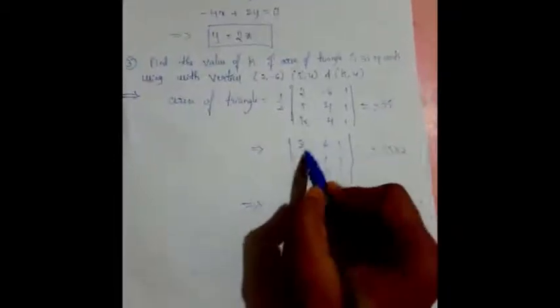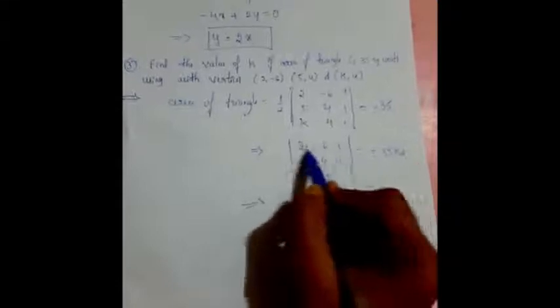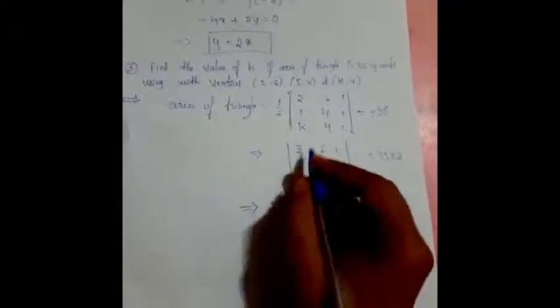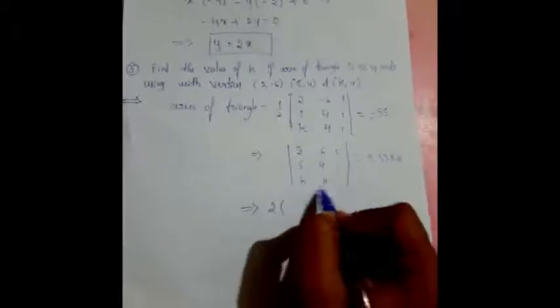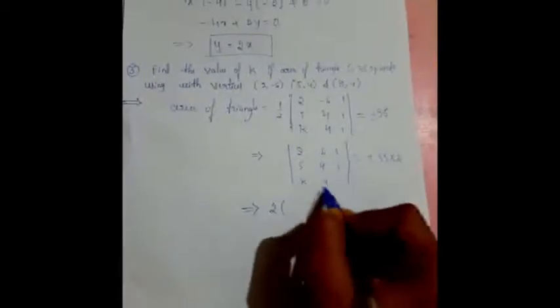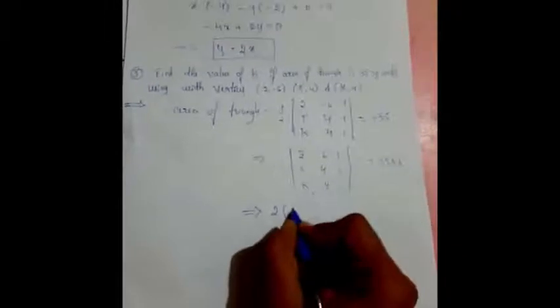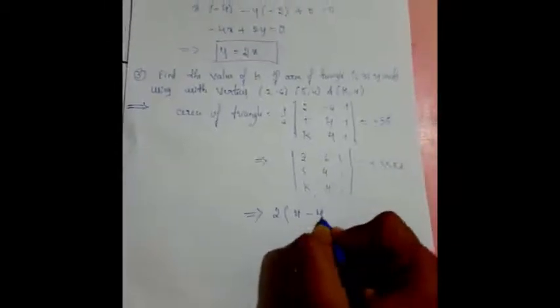The next, expanding this from the first row, you will get the determinants. 2 is as it is, the first row, first column determinant: 1 into 4 is 4 minus 4.